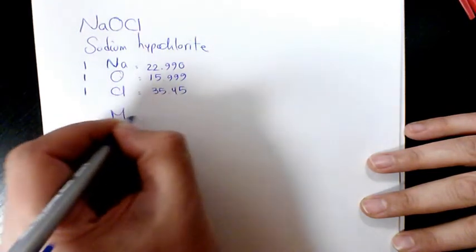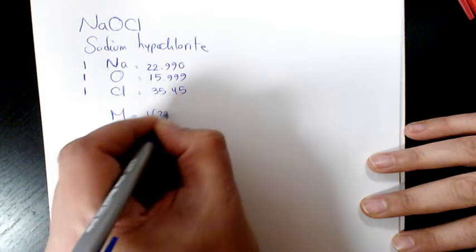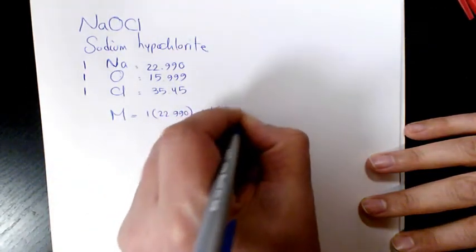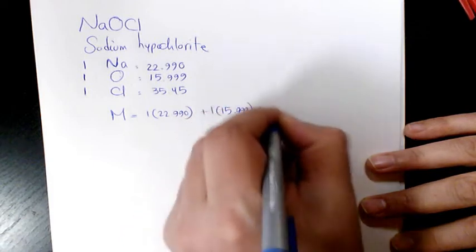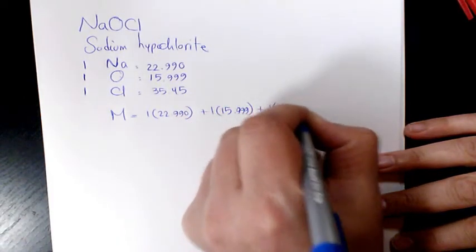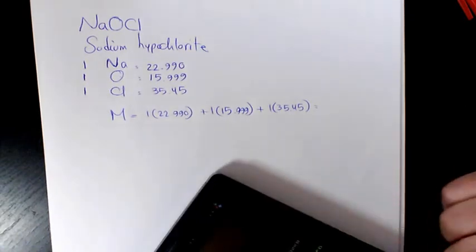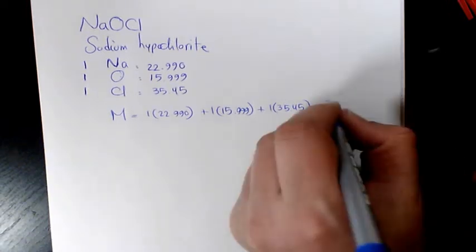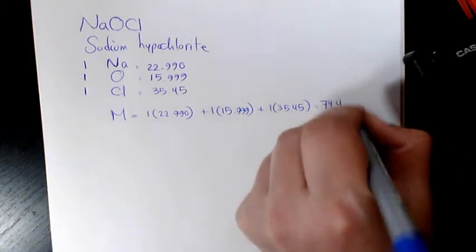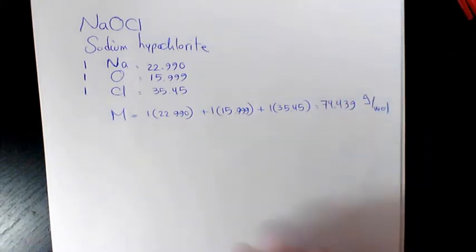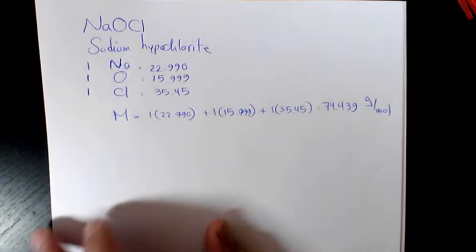So molar mass is going to be 1 times 22.990 plus 1 times 15.999 plus 1 times 35.45. That's going to be 74.439 grams per mole. That's the molar mass of sodium hypochlorite.